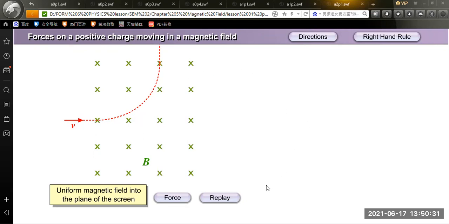So the force is like that, because it is moving with a velocity, and there will be a force that produces a resultant direction of the force.